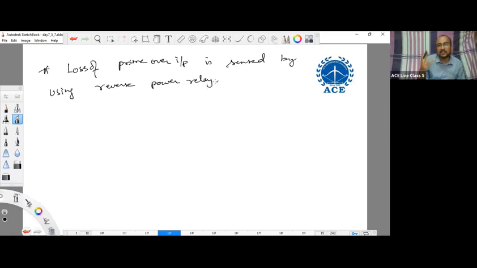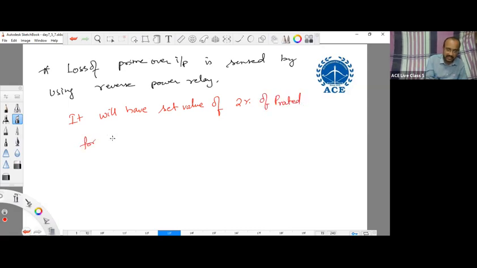What will be the set values of the relay? It will have a set value of 2% of rated power, 2% of P rated, for turbine driven generators, and 10% of rated power, 10% of P rated, for diesel engines or other mechanisms.